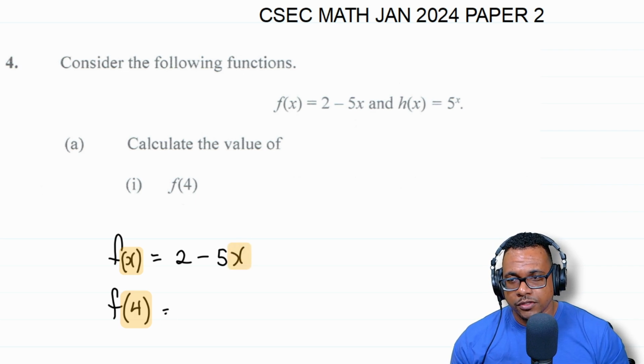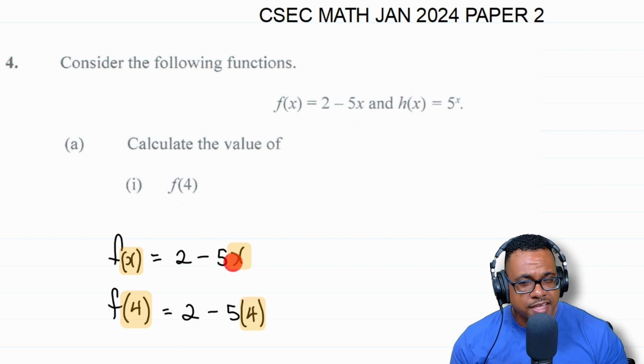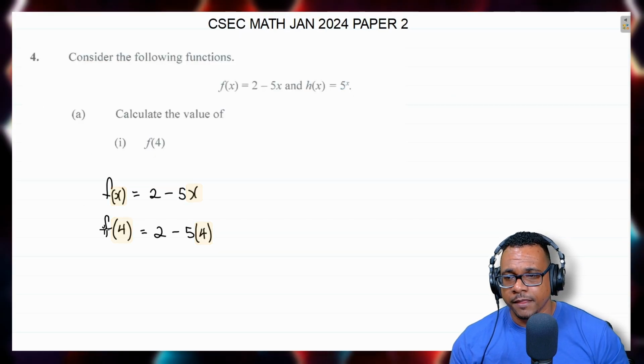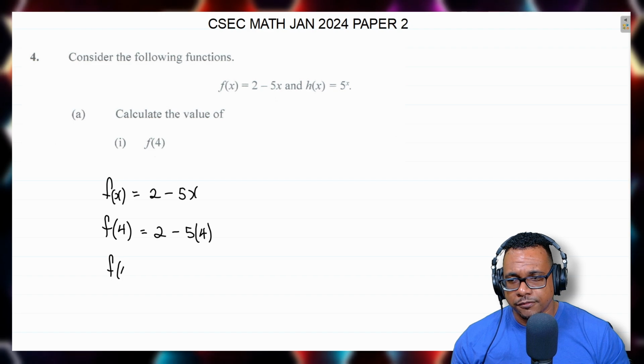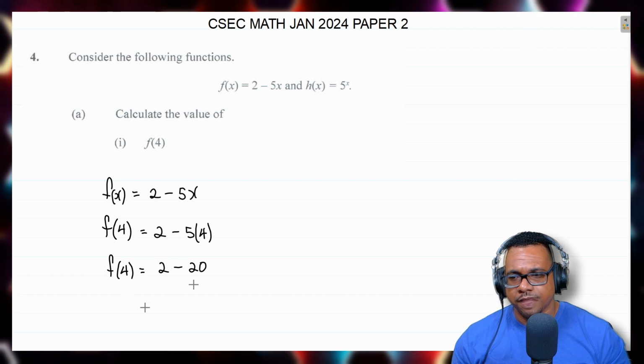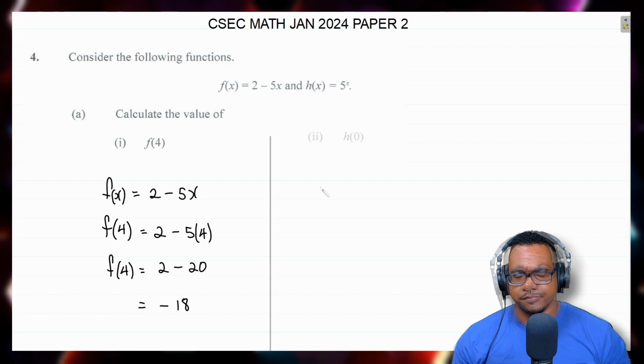So this is going to be equal to 2 take away 5 times 4, because 5x means 5 multiplied by x. So 5 multiplied by 4 is 20. So f of 4 is equal to 2 take away 20, and 2 take away 20 is equal to negative 18.